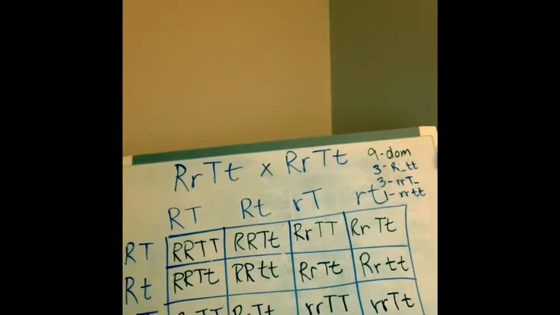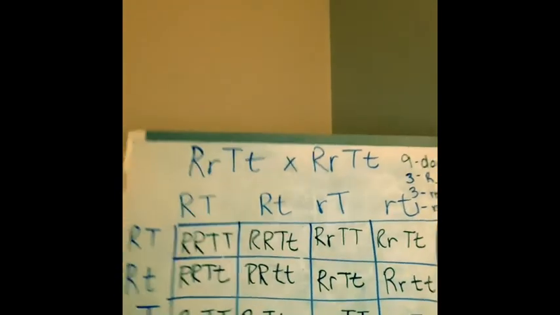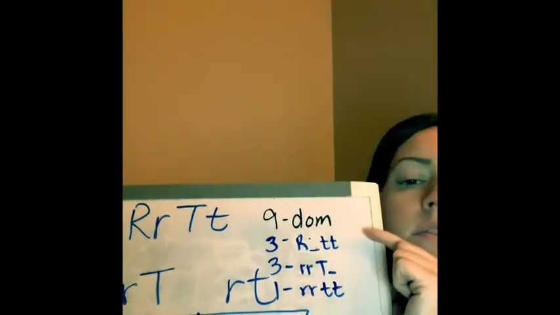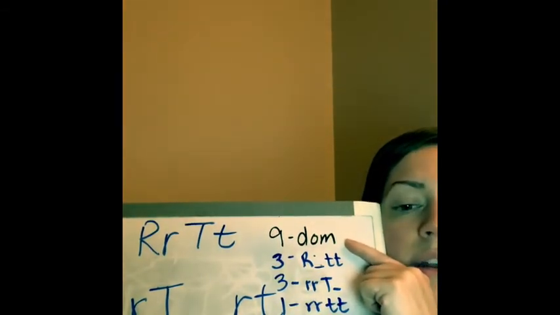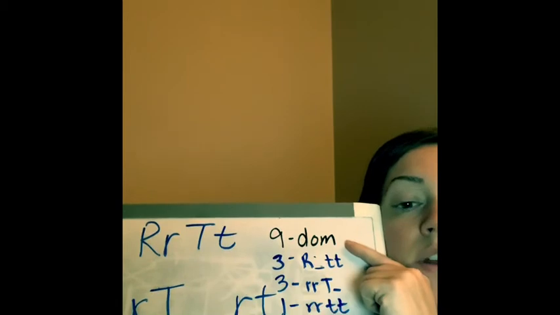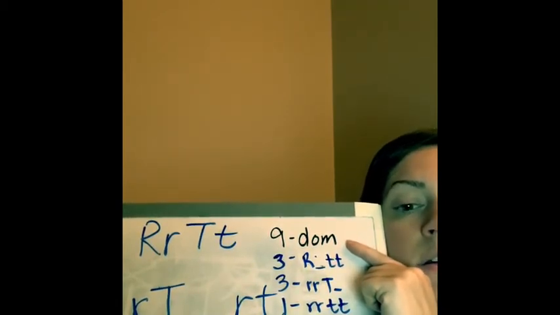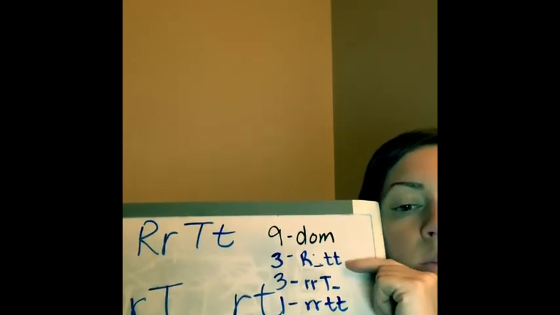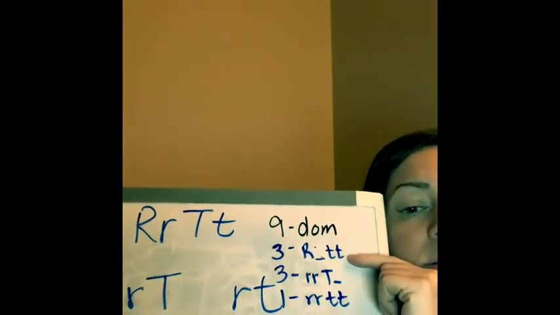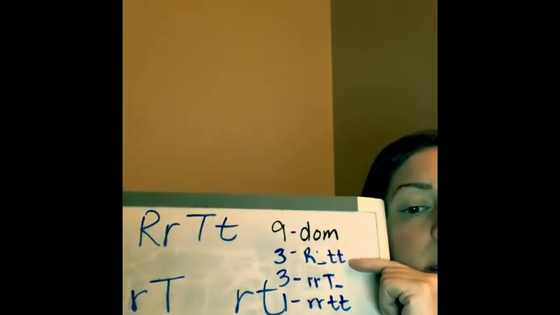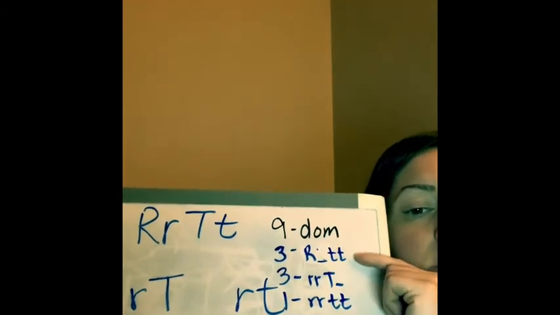Okay. So you have homozygous dominant. Okay, there are 9 that will show the phenotype of both traits as dominant. Okay, you have 3 out of 16 that will show up as dominant for the first trait and recessive for the second trait.